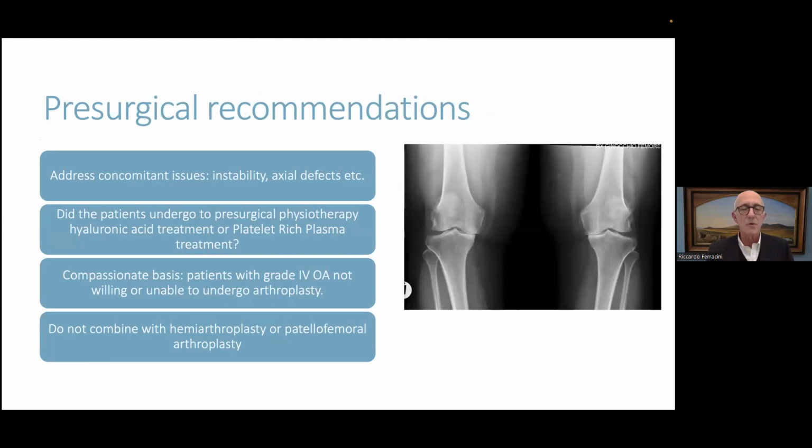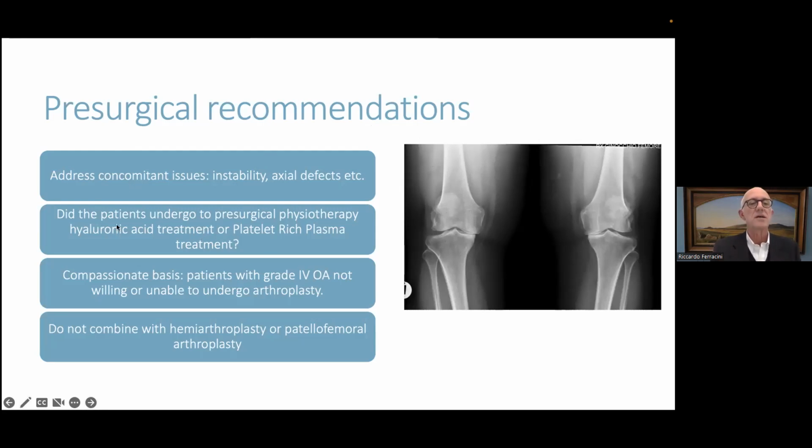So I would not recommend doing a hemiarthroplasty and associating it with Lipogems. In pre-surgical recommendations, also address concomitant tissue, instability, and axial defects. You cannot pretend that this patient can do well with Lipogems without anything else. He's a dramatically varus knee.